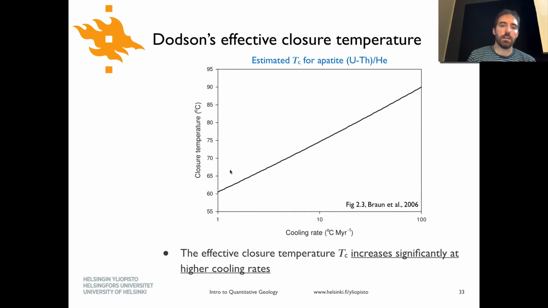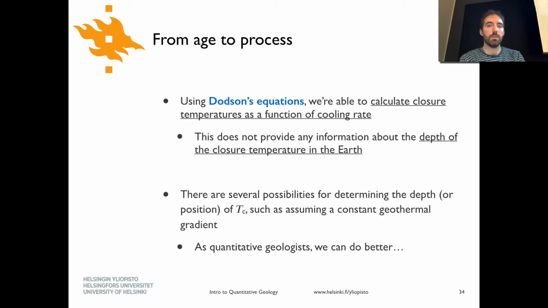And you can see again this kind of effect of closure temperature going up for faster and faster rates of cooling. So this is basically straight from Dodson's equation for helium inside of an apatite crystal. And you could reproduce this plot with the exercise for this week if you want to. We won't do that, but you could if you were interested in doing that.